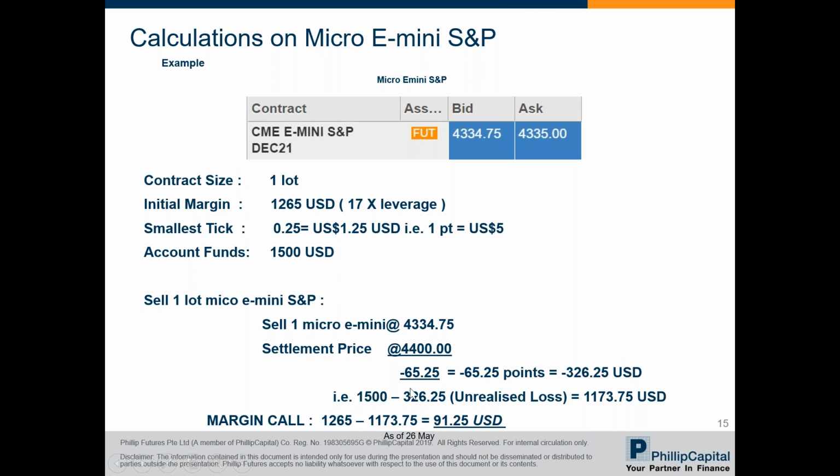Let's do a calculation whether our account is positive or not. Since we have $1,500 in the account, minus the unrealized loss based on the settlement price of 326.25 US dollars, we'll get ourselves 1,173.75 US dollars.